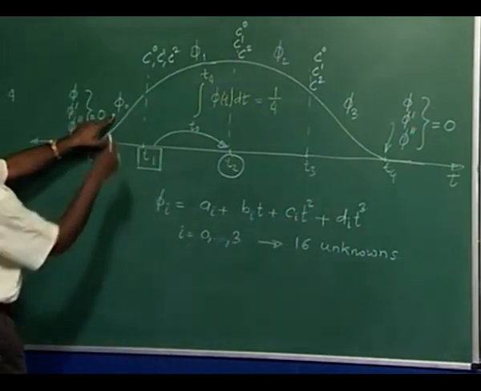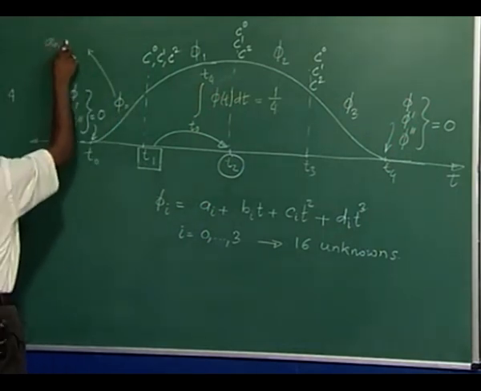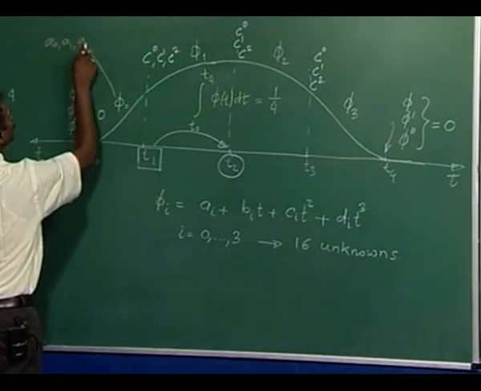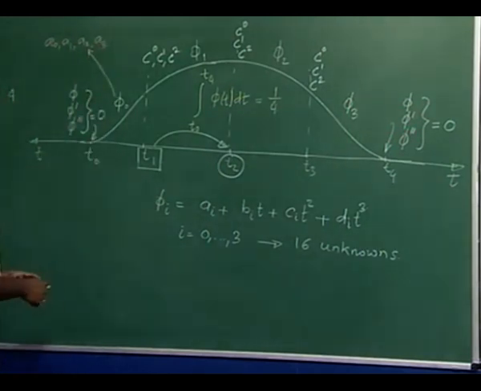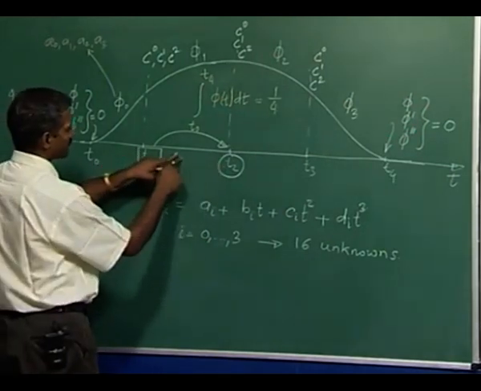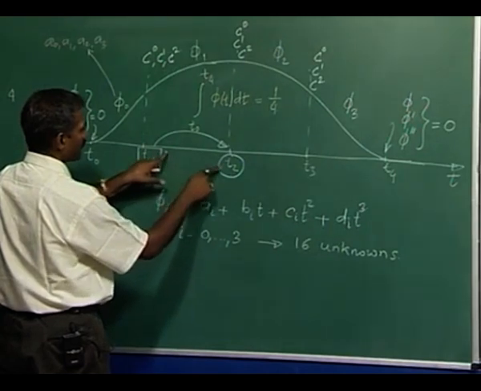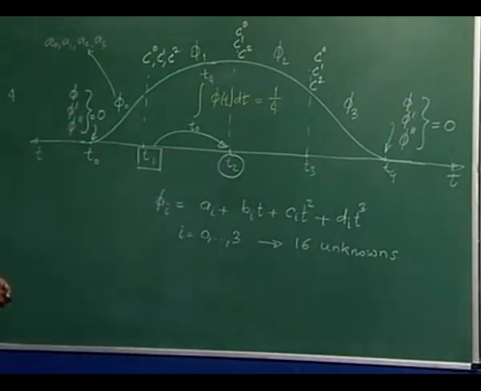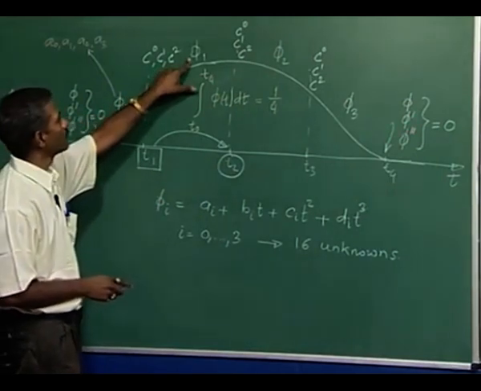For phi 0, let's say I have coefficients a0, a1, a2, a3. After I have snapped this knot span, I would not know what phi 1 is, and let me not worry about it at this time.